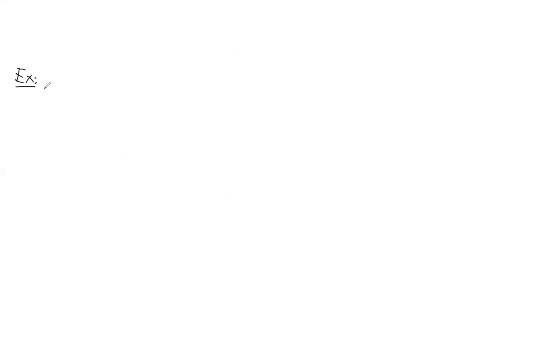What if we have the cylinder given by x squared plus y squared is equal to 4, and we want to intersect that with the surface z equals xy. And what is that curve of intersection?